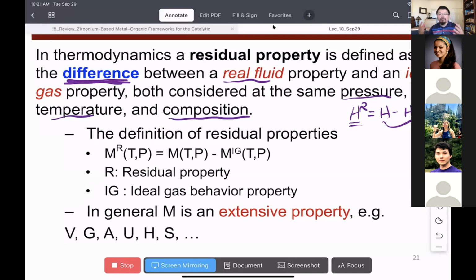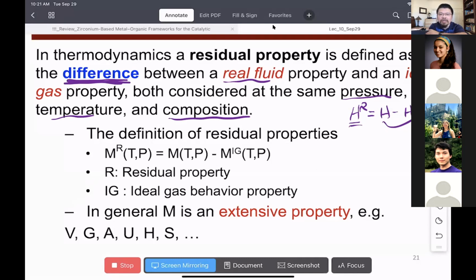It's just out of our imagination, I know this is real. There's no problem at all, but I just want to evaluate the deviation for when I cannot safely assume ideal gas behavior.